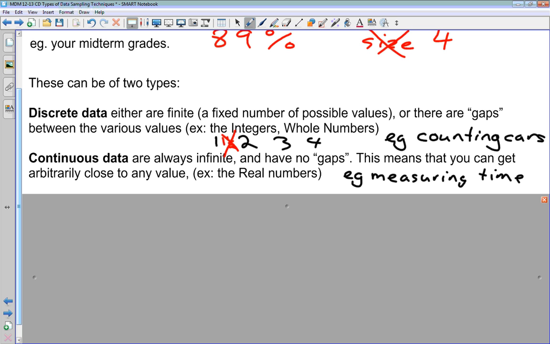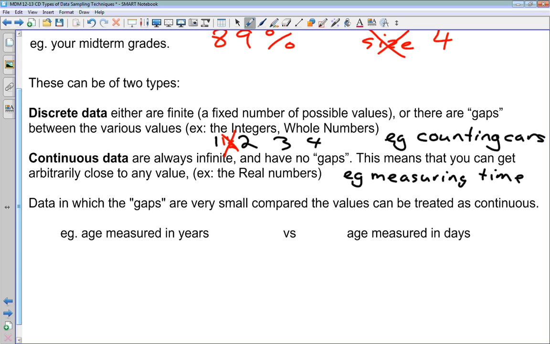Okay. One subtle distinction between the two. Sometimes we have data in which there are gaps between the values, but these gaps are very, very small compared to the values that we're measuring. We treat the data as continuous even though it is technically discrete data.